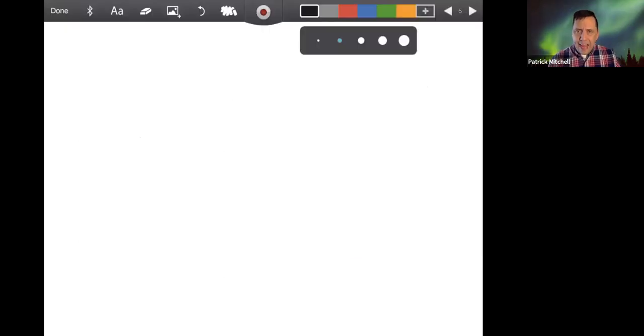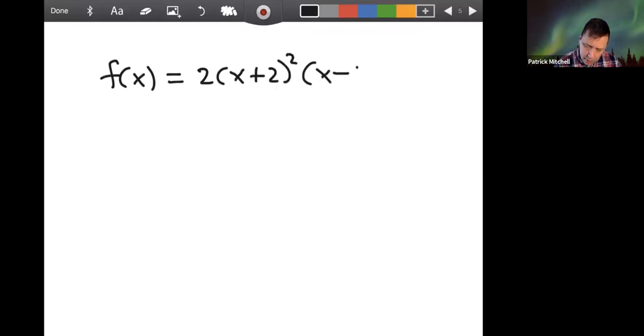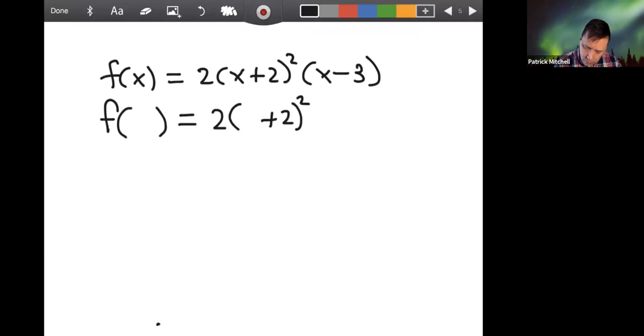is all about f at opposite x. So the original f of x is 2 times x plus 2 squared times x minus 3. So now I'm going to write the function like this, f of blank equals 2 blank plus 2 squared blank minus 3.